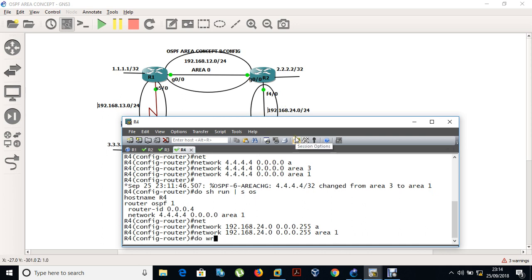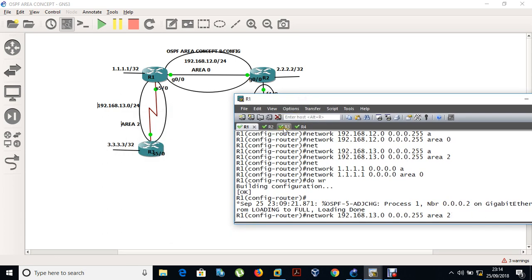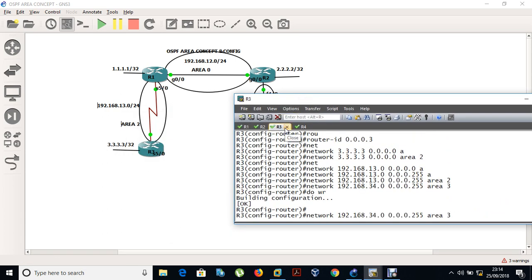So now I'm okay with this one, and then let me go to R1 and delete the router. Sorry, not R1, R3. Yeah, 34. We don't have any 34 anymore.